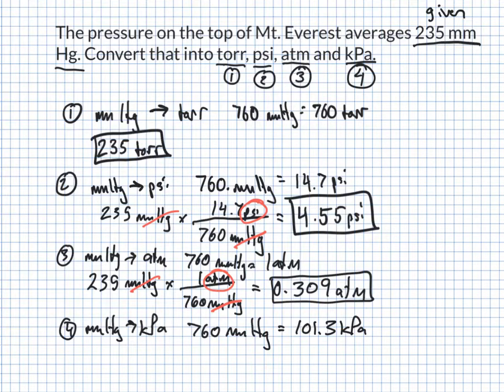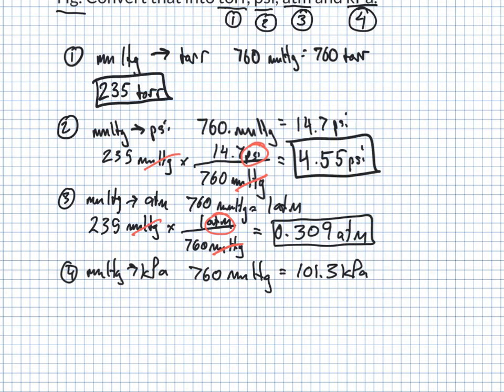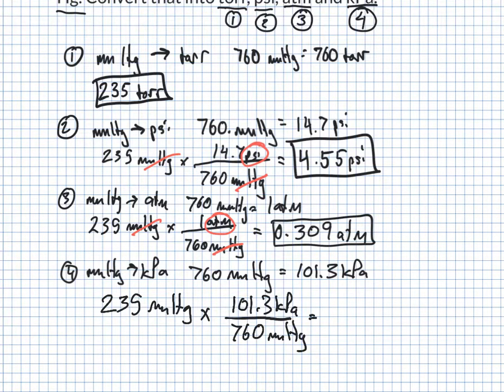So same sort of thing here. 235 millimeters mercury. That's in the numerator, so my 760 goes in the denominator. My 101.3 kilopascals goes in the numerator. Cancel, cancel, leave me with the correct unit.